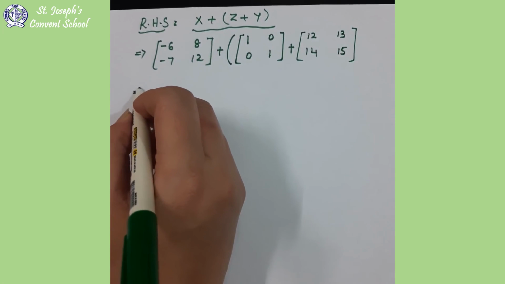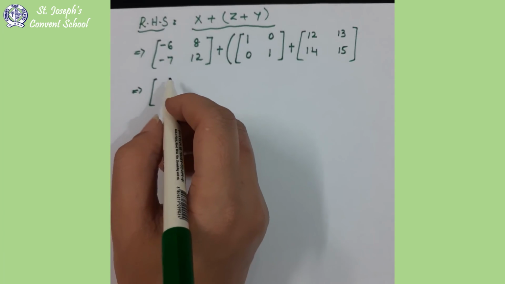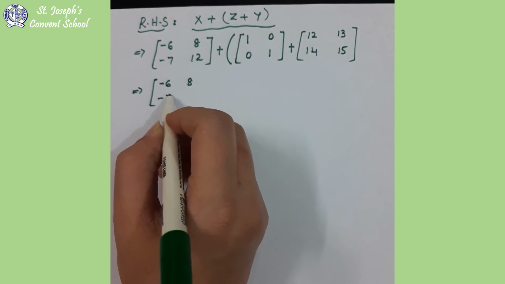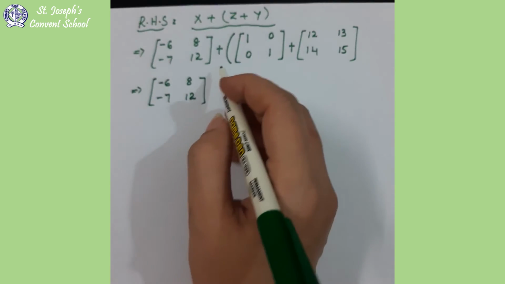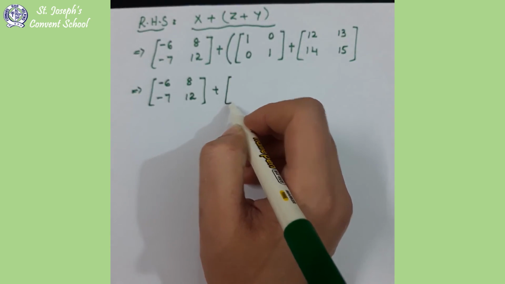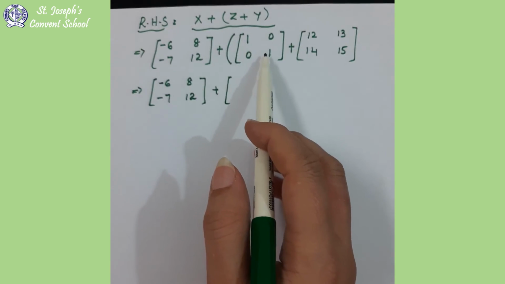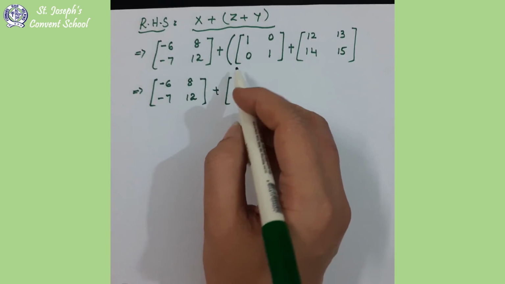Add the bracket first. We always add the bracket first. So this will remain as it is, minus 6, 8, minus 7 and 12. Plus, rows and columns 2 by 2, same here, 2 by 2. You can add them.